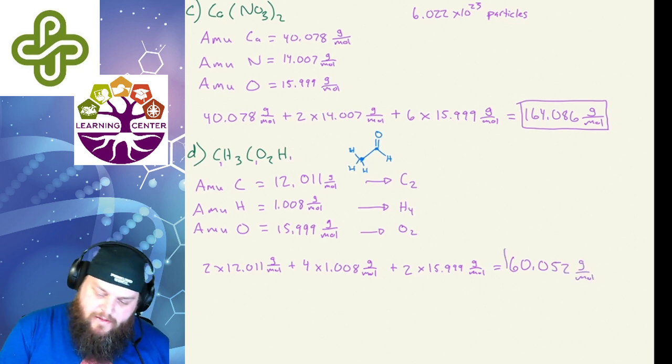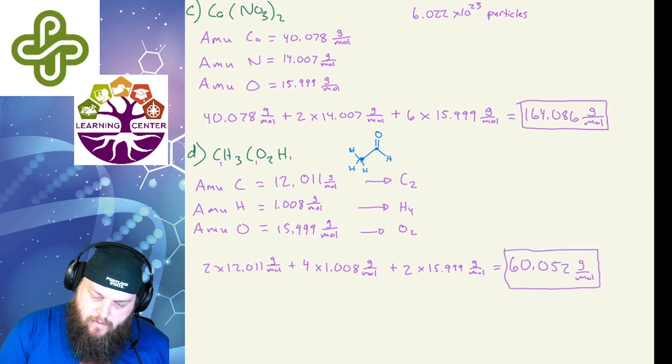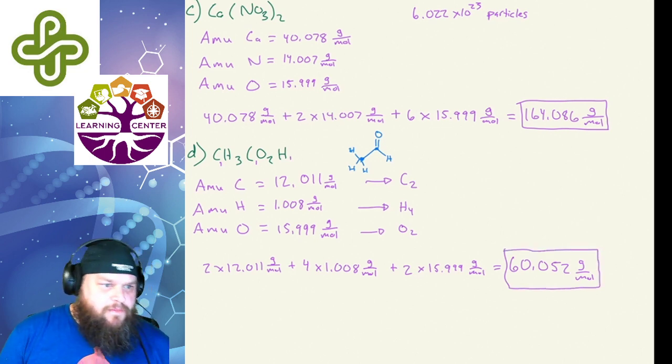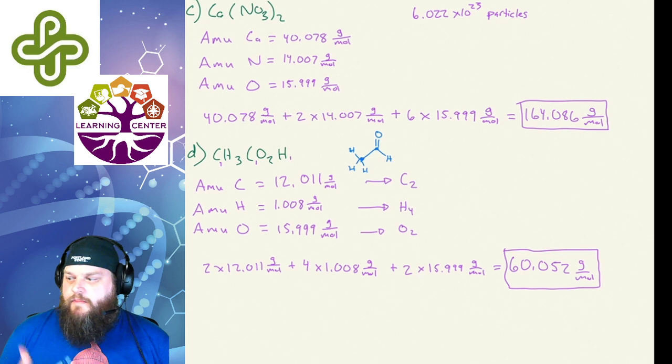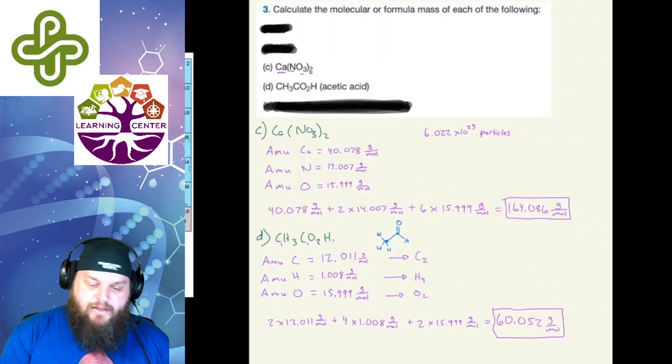There we go, and that's the formula mass of acetic acid. So that's kind of the basic idea. All we're really doing is adding up the average atomic mass for each atom in there, and we get this average formula mass, or molecular mass.